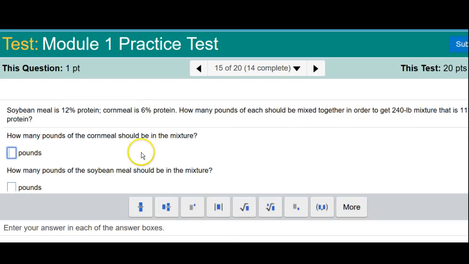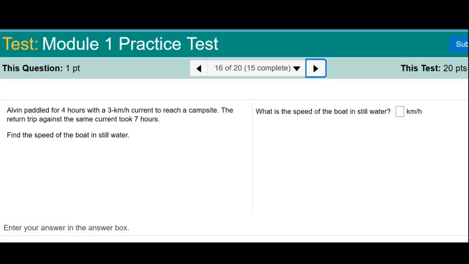And let me caution you that here they're asking for cornmeal, so this would be the 6%. So a little bit different orders. You have to be careful where you put your answers. Now, as a reminder, you might consider using your calculator and using that matrix technique to check your answers.